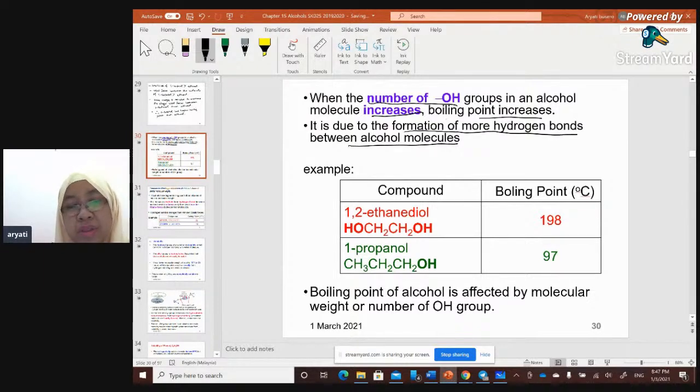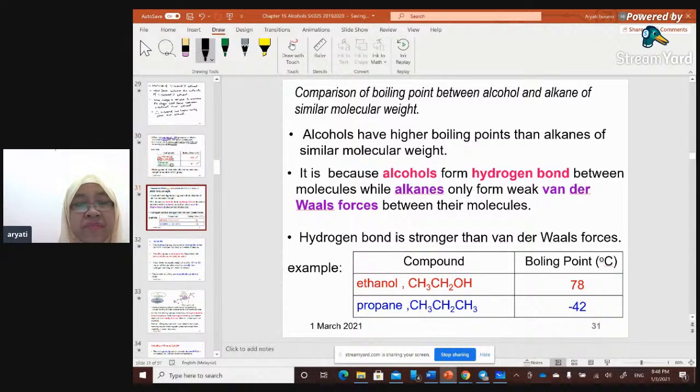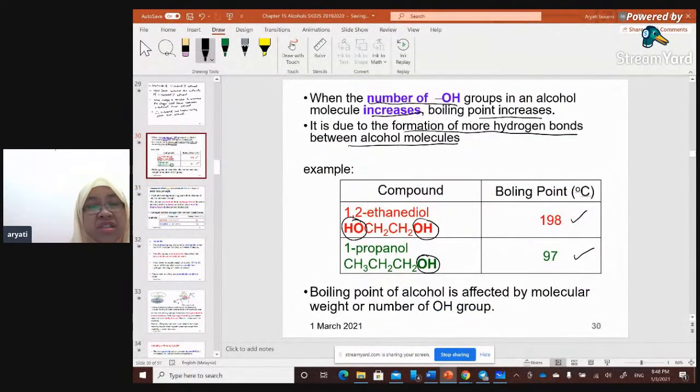For example, 1,2-ethanediol has 2 OH functional groups, while 1-propanol has only 1 OH functional group. From the experiment, the boiling point of 1,2-ethanediol is 198, which is larger than 97. The boiling point of alcohol is affected by the molecular weight or the number of OH groups. For this stage, there is no explanation.